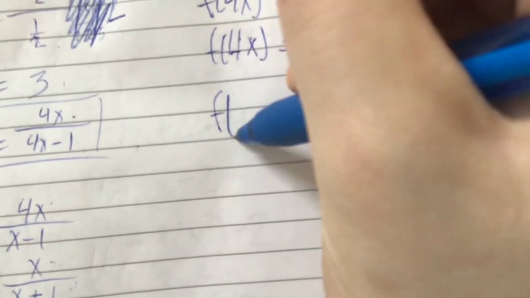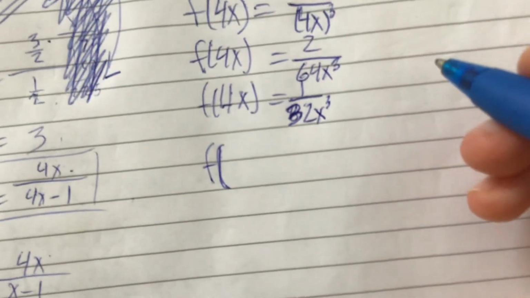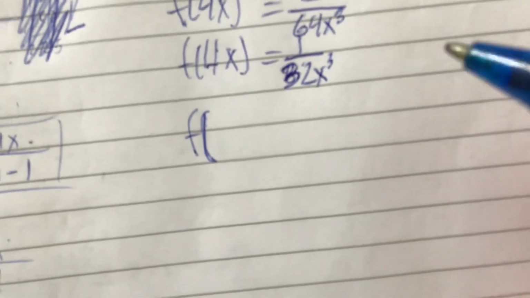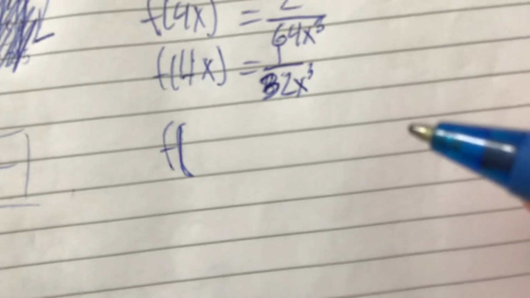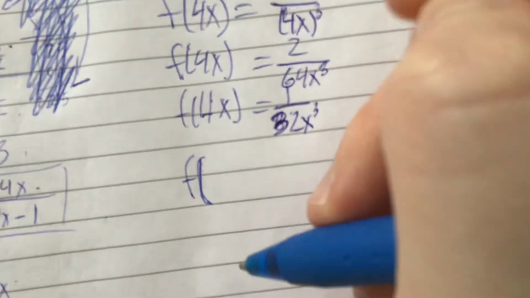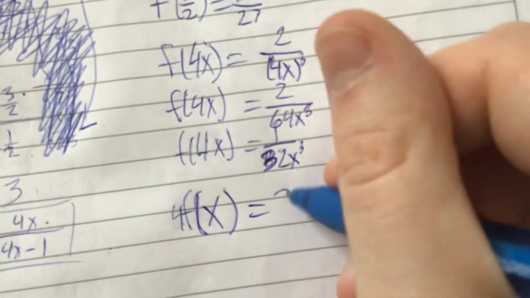Okay, f times, or 4f, sorry, this is the 4f times x is equal to 24.